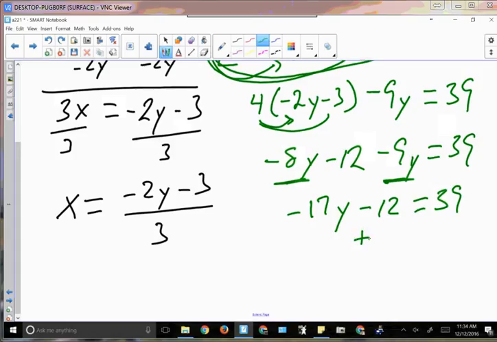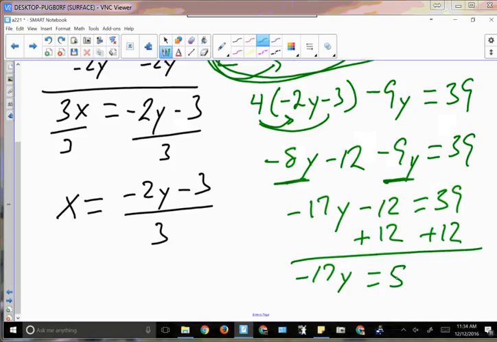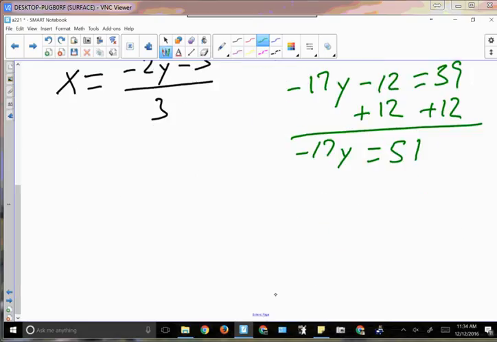Plus 12 plus 12, negative 17y is going to be equal to what? Oh, that looks like what? 51. This is already looking ugly, isn't it? Okay? So, divide both sides by negative 17.